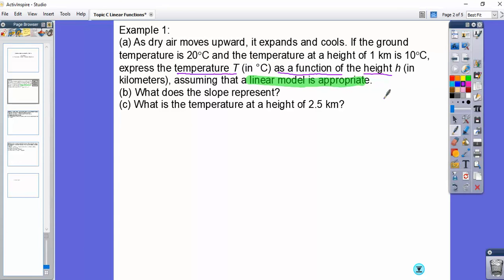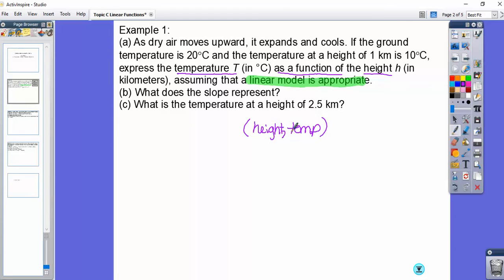So the temperature as a function tells me that my temperature is my y and my height is my x. That is the most common mistake. So if something is a function of, then that goes in the y position.